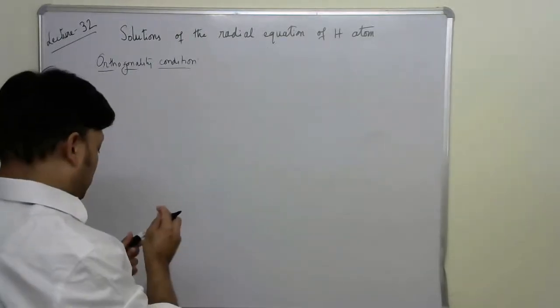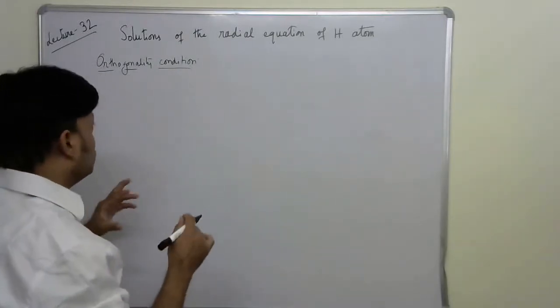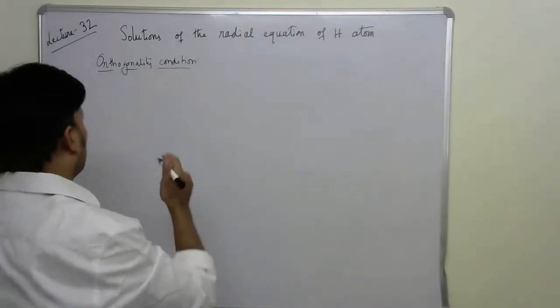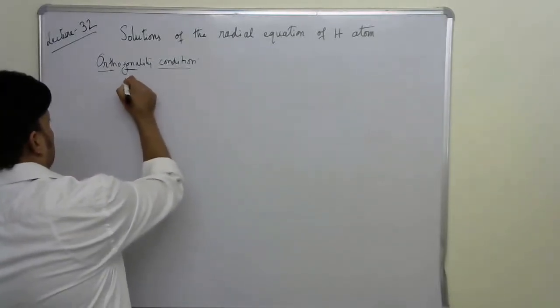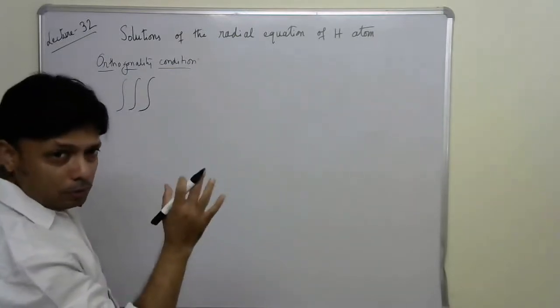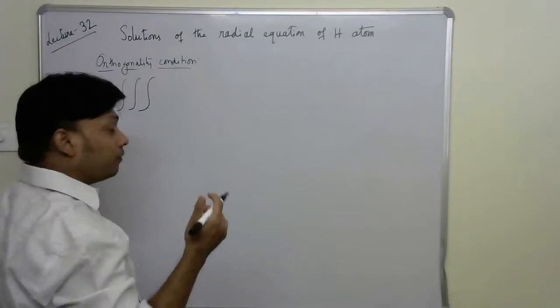So for the orthogonality condition, to test whether two wave functions are orthogonal or not, we have to follow this generalized expression. We have to talk about the triple integral because we have these three parameters r, theta, and phi.